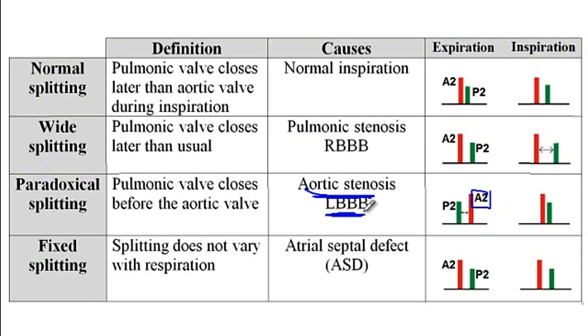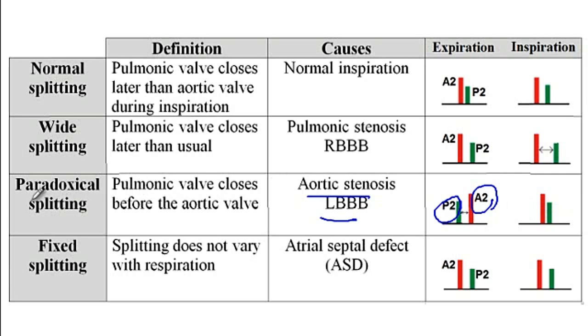Since there is a problem with the ejection from the left ventricle, it takes longer for the aortic valve to close. So unlike the normal heart sounds where A2 is heard before P2, with aortic stenosis or left bundle branch block, you will hear P2 before A2. And so during inspiration, the distance between the two will get closer to each other.